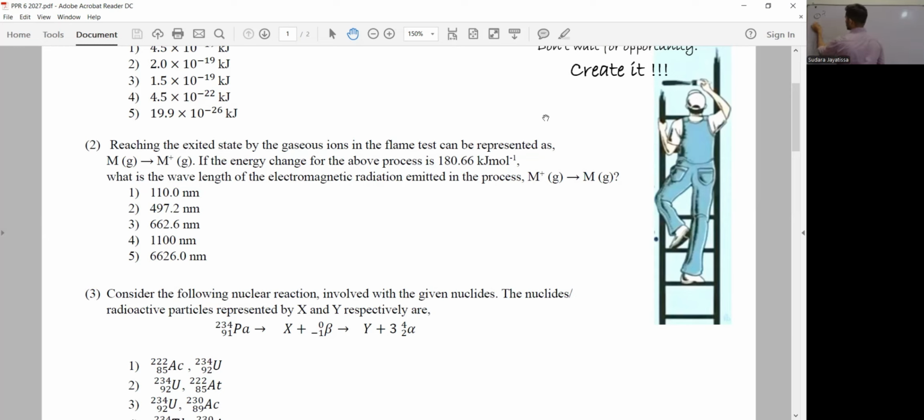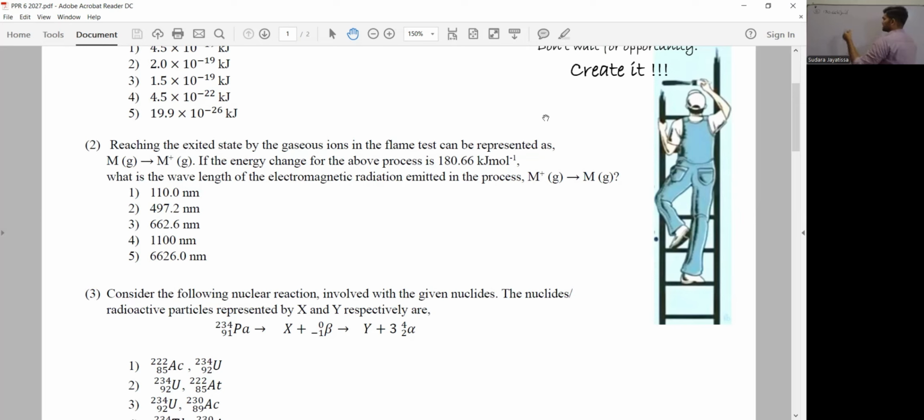quantum wave theory part. Okay, so in the question it says, if the energy change for the above process is 180.66 kilojoules per mole of electrons, what is the wavelength of electromagnetic radiation emitted in the process?